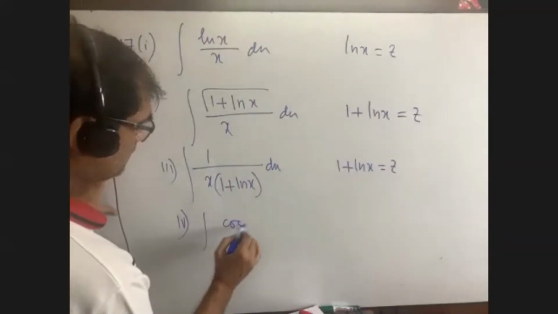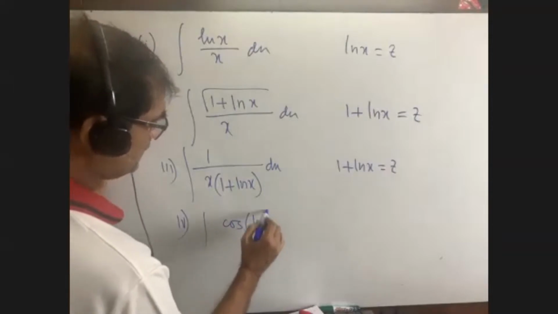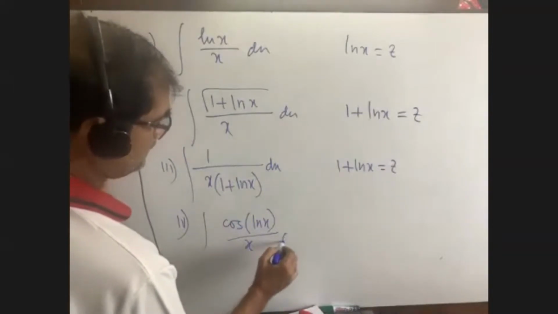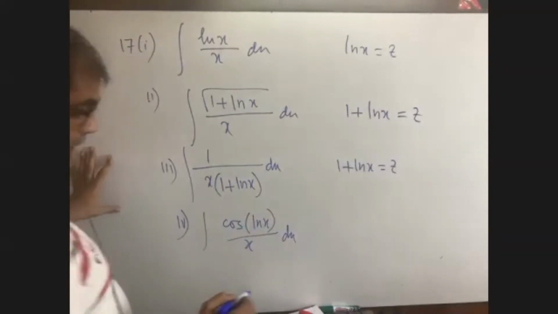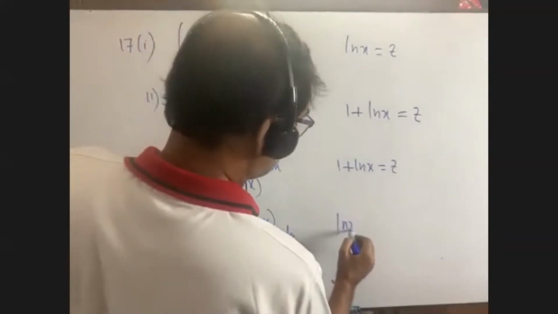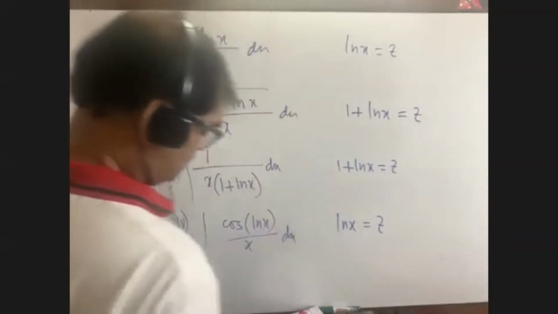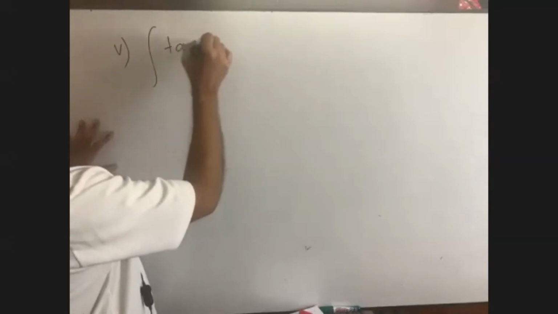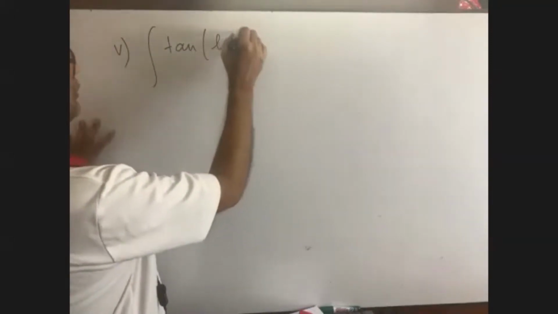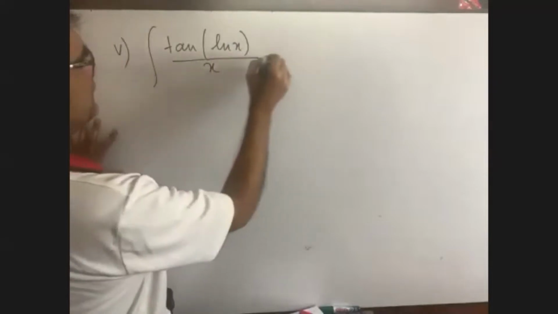Cosine ln x by x dx. Here ln x equals z. Okay, you do up to tan ln x by x dx. What will you do?